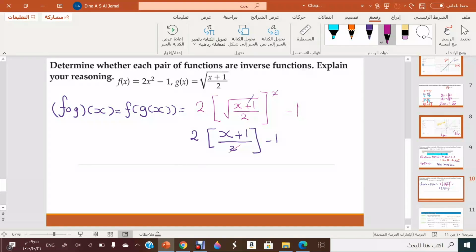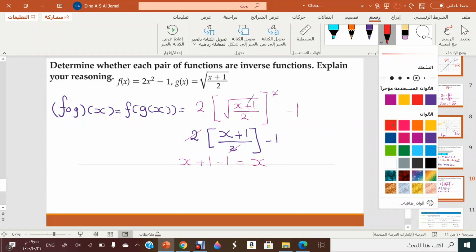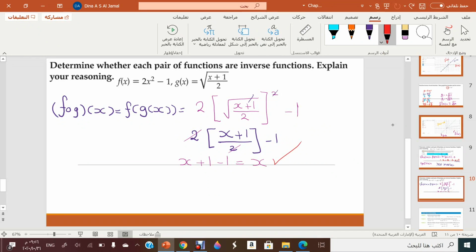Again, you can remove your 2. It will be left with x plus 1 minus 1, and it will be x. So this is the first part of the question that is right.